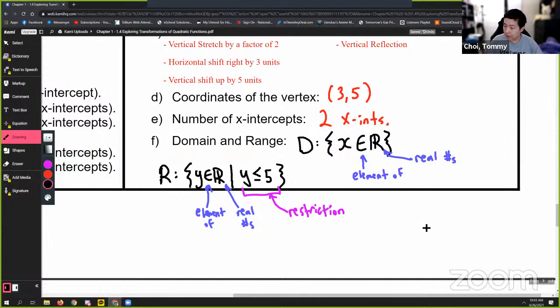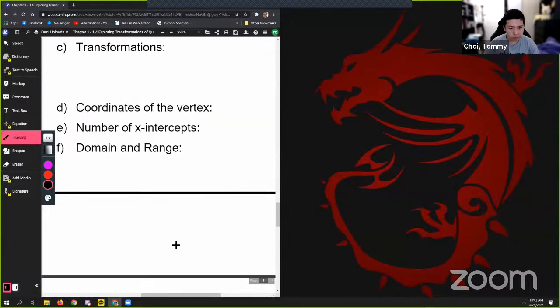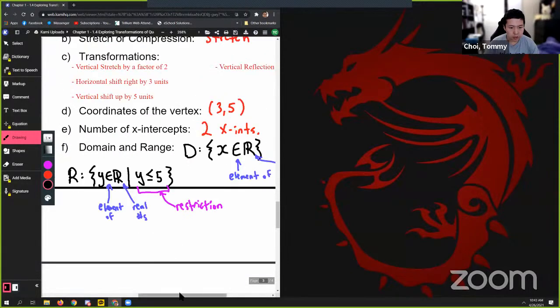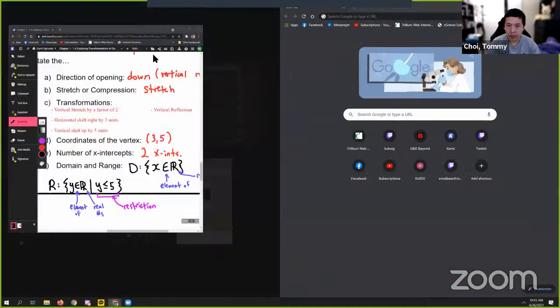When we are to graph this out, let me try to graph this out here. Let me zoom out so you guys can see it. So let's try to graph this here by opening up another page, bringing it to the right.